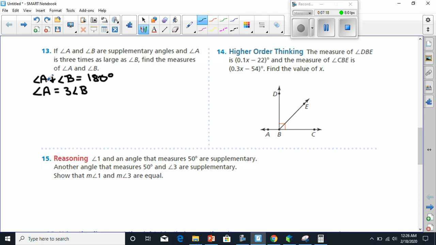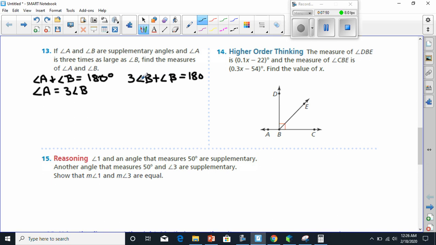well, up here, we can use substitution and put in 3 angle B's. It says angle A is equal to 3 angle B's, so we're going to replace angle A in this equation with 3 angle B's plus angle B has got to be equal to 180.